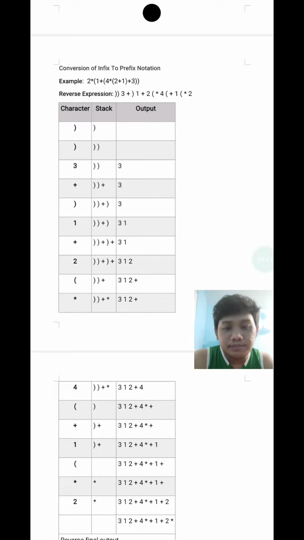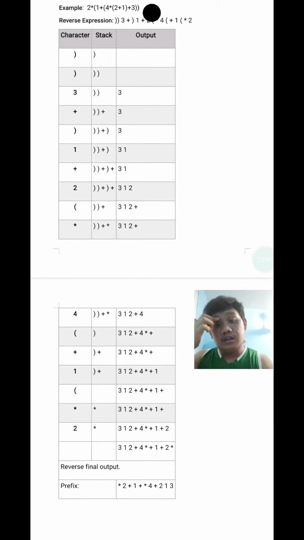Next is the multiplication symbol or the asterisk. Since multiplication has higher precedence, it will be pushed to our stack. So it becomes the parenthesis, plus, asterisk, and our output is as it is, 312 plus.